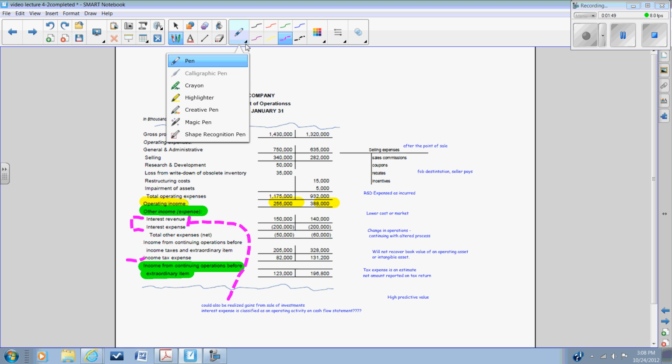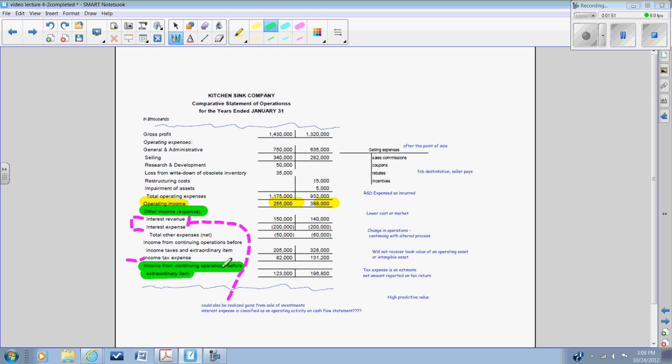And an interesting item that we'll talk about more when we talk about the statement of cash flows: on the income statement, interest expense is deemed to be outside of operating income.